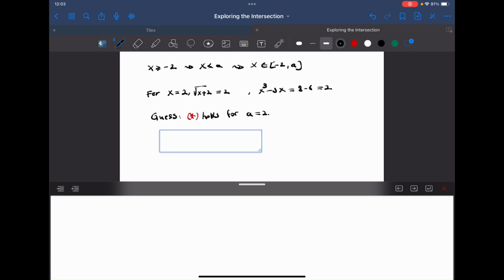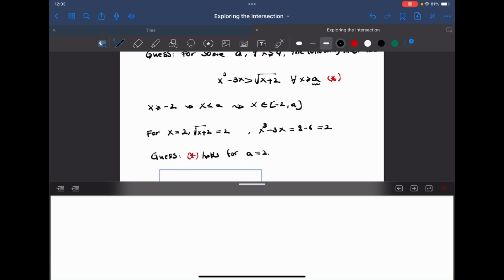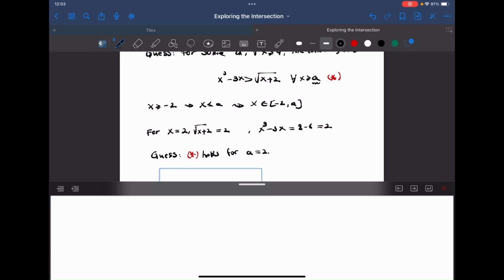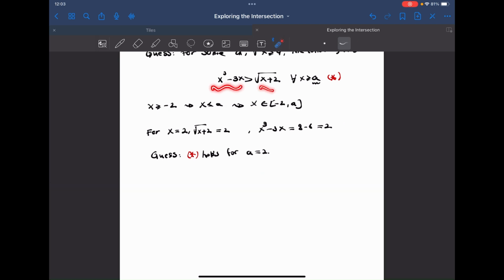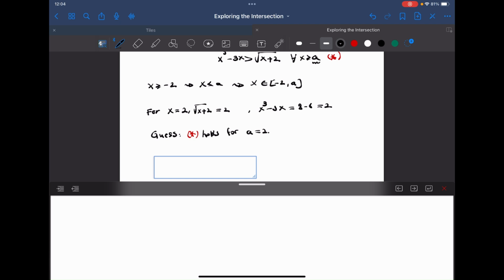And okay, let me try and prove it. On the left-hand side, I have a polynomial of degree 3, and on the right-hand side, a polynomial of degree 1 over 2. If I want to show that star holds for A equal to 2, a very simple approach could be as follows.